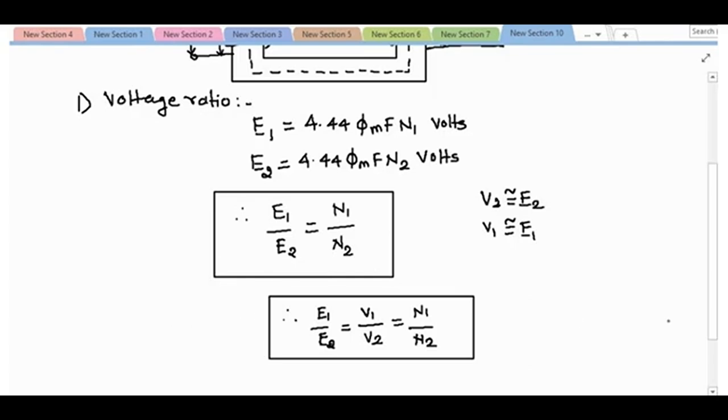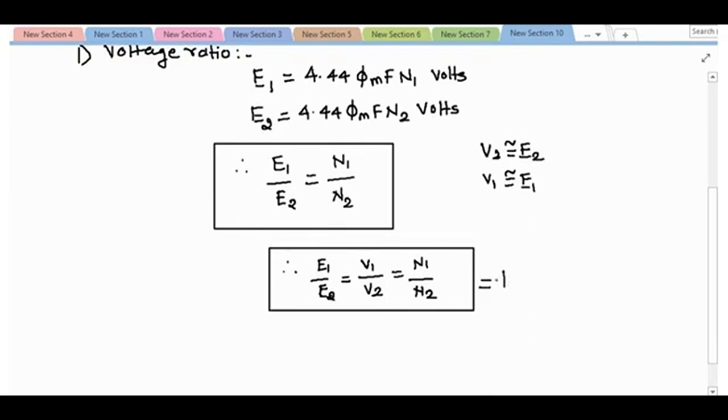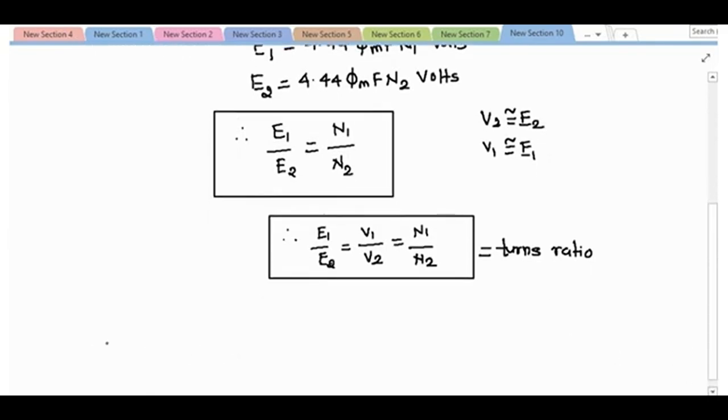Okay. So directly I am writing here, this is also equal to the turns ratio, because I have just said that the impedance of the transformer winding is small. So even at full load, we are assuming the voltage ratio equals the turns ratio.